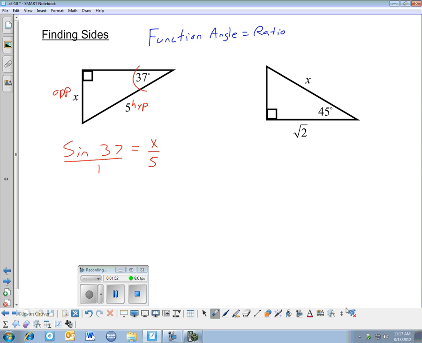So I'm going to do 5 times sine 37, and I write it as 5 sine 37. I can't multiply the 5 and the 37 because it's 5 times the function of sine 37, so it just goes in the front, but we know it's 5 times sine 37, and x times 1 is x. And so x is alone, 5 times sine 37.